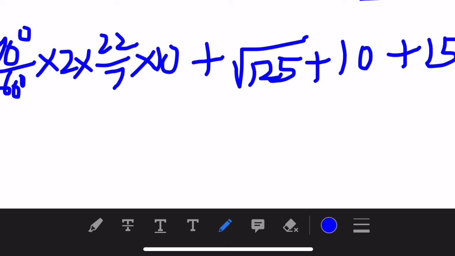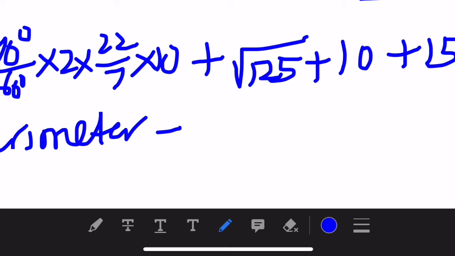So the total perimeter, we write in words, is equal to, if you press your calculator, now let's press the calculator. Do you have a calculator? Now you try pressing the calculator and give me the answer. Let me find my calculator. Yeah, I got a calculator. Okay, let's calculate together. We have 90 over 360 times 2 times 22 over 7, right?